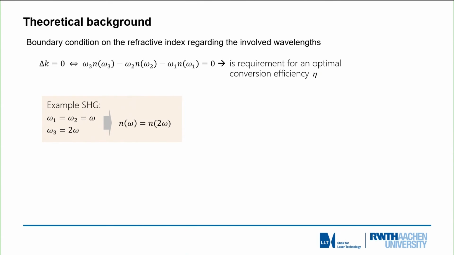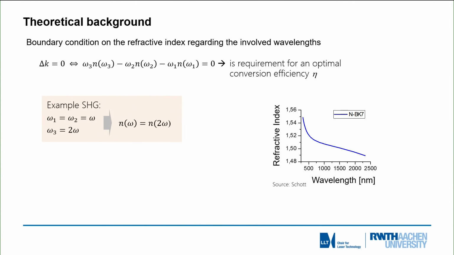In actual reality, however, unfortunately the indices of refraction are not equal at the pumping wavelength and the resulting frequency doubled signal. If you look at a real material, a real glass in this case, BK7, there is a significant change of the index of refraction with the wavelength.